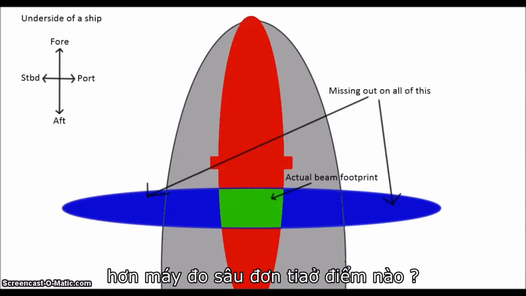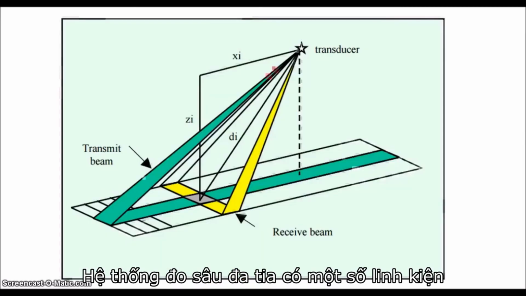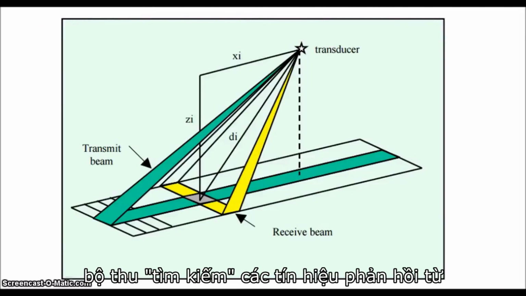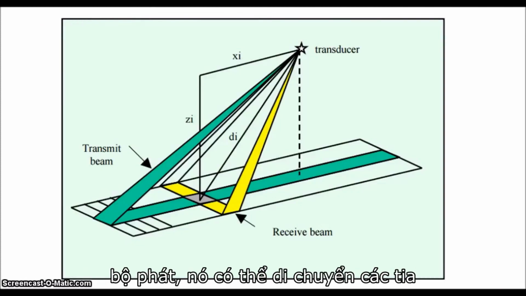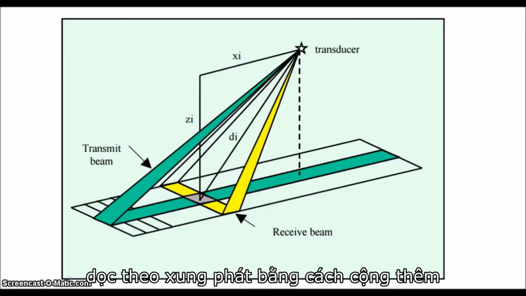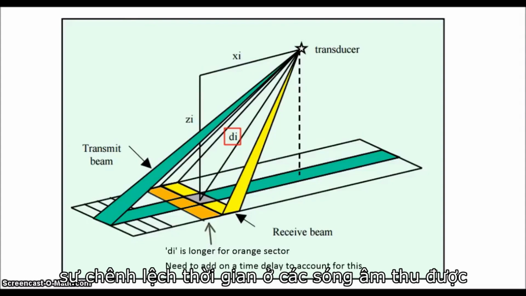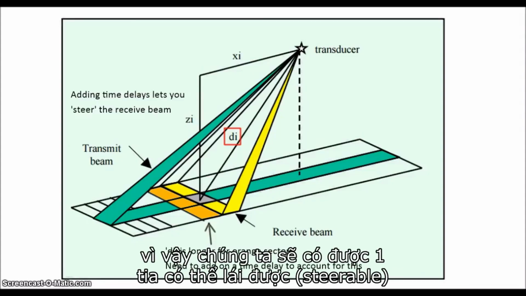So how is this any better than single beam? Well, multi-beam sonar has some fancy electronics that allow you to adjust where the receiver looks for return from the transmitter. It can move that beam along the transmit pulse just by adding in a time delay to account for the difference in the received wavefront. So that gets you a single steerable beam.